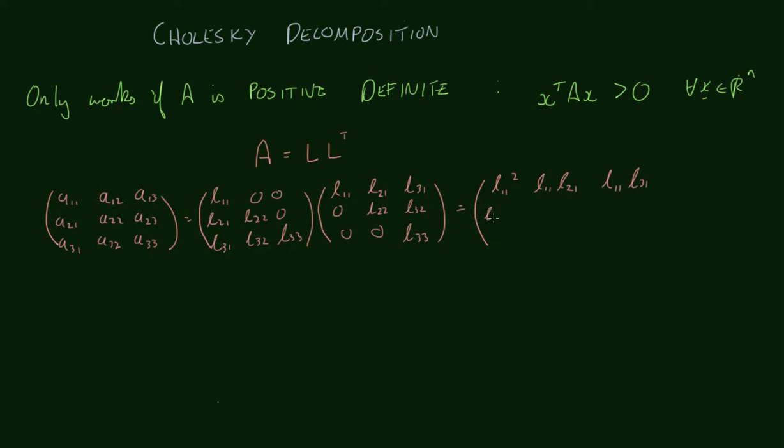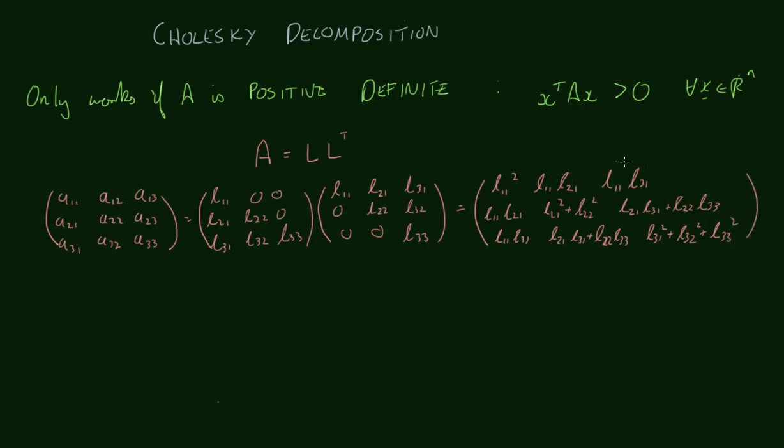On the second row, I'll get L11 L21, L21 squared plus L22 squared, and L21 L31 plus L22 L32. On the third row, I'll have L11 L31, L21 L31 plus L22 L32, and finally L31 squared plus L32 squared plus L33 squared. Phew. After all that, that's what we'll get.